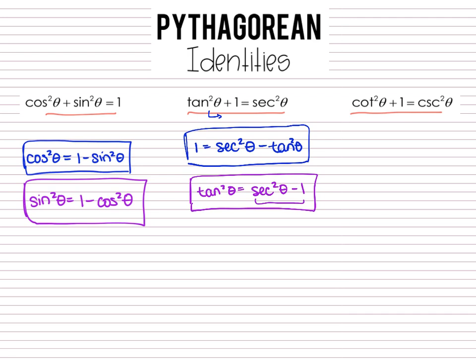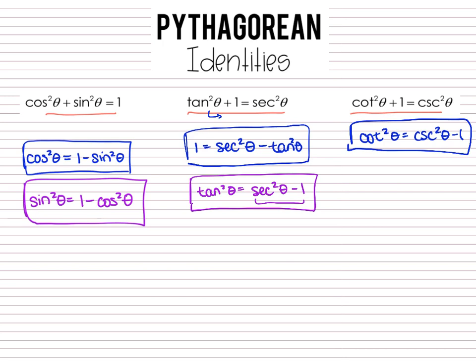Let's look at the last one. We've got cotan squared plus 1 equals cosecant squared. Well, I can subtract 1 from both sides, so I'd have cotan squared theta equals cosecant squared theta minus 1. That's my second iteration of this expression.